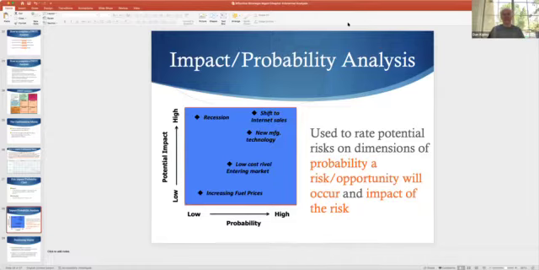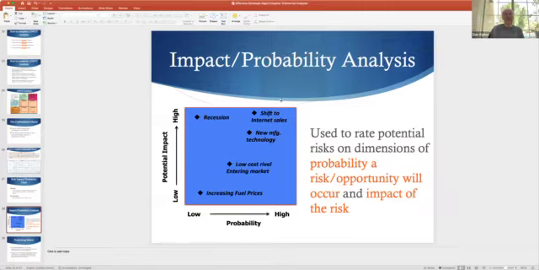All right, so let's explain this here. Again, what we're looking at is potential impact and the probability of that risk or opportunity occurring. At the bottom left-hand side, we've got a threat that's increasing fuel prices. But we notice that the potential impact of this threat is low, and the probability of that particular event occurring is also low.